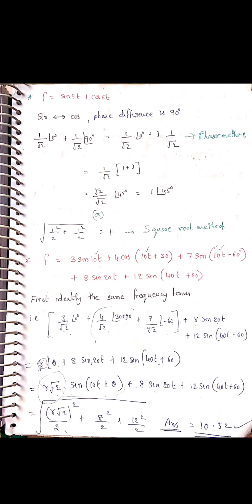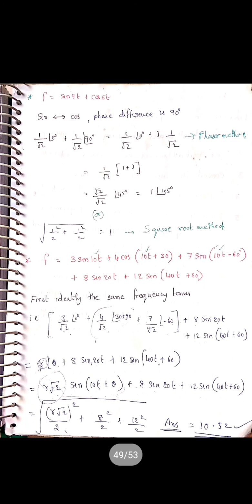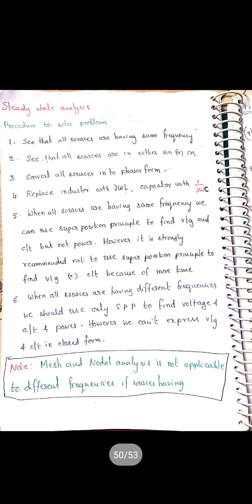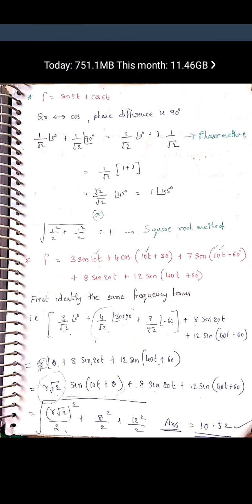Practice this problem and you will gain good experience. This is about AC analysis to calculate RMS values for a function when the network has different numbers of sources. Thank you for listening.